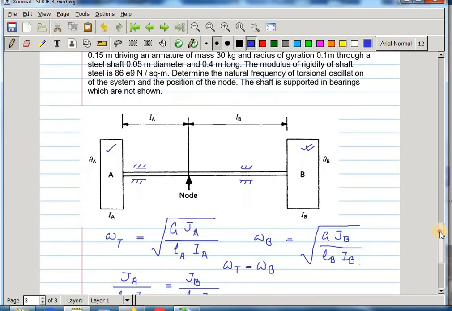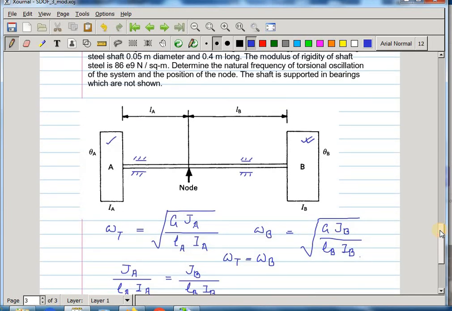So here you have to understand one thing, that the whole system is actually rotating at a certain speed, and this is rigid body rotation about an axis, and on this rotation a torsional oscillation is superimposed.